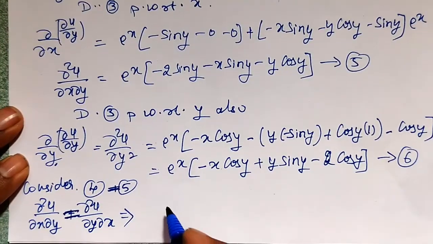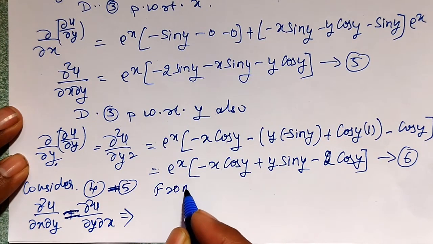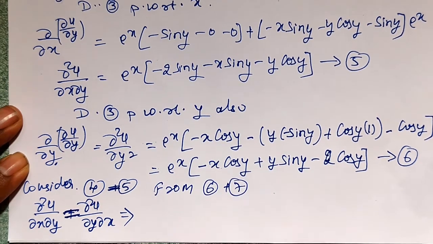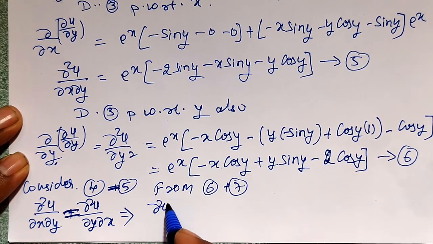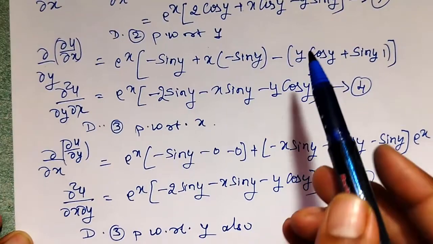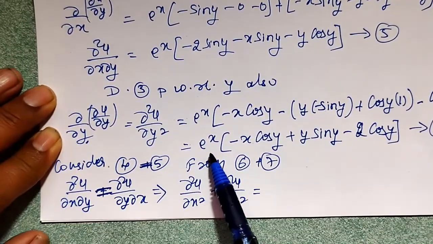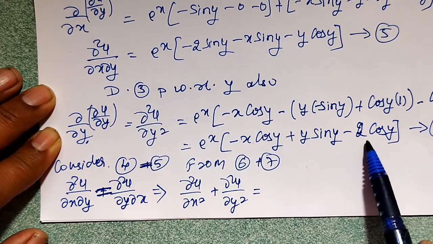From equation 6 plus 7, that is ∂²u/∂x² plus ∂²u/∂y² equal to, while adding this equation number 7, e raised to x into 2 cos y. Here also e raised to x into minus 2 cos y is there.